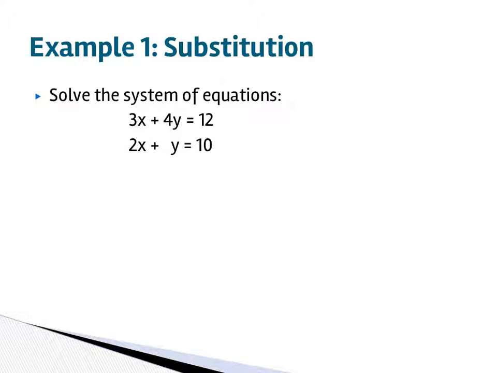So what we need to do if we're going to use substitution is we need to figure out what one of the variables equals. What you want to find is a variable that does not have a coefficient, like this y right here. So we're going to solve for that y by subtracting 2x, and we get y equals negative 2x plus 10.